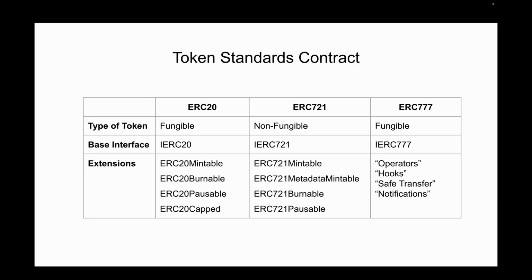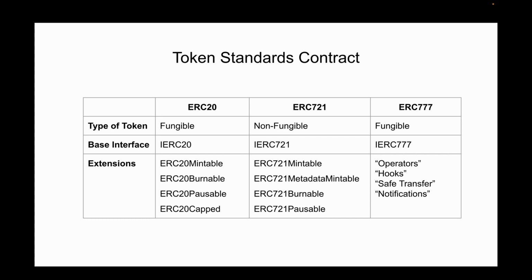ERC 777 is a token standard that is an extension of the ERC20 token standard. It is designed to improve upon the functionality of ERC20 tokens and provide more flexibility and control for token holders. Some of the key features of ERC 777 include operators, which allow for the transfer of tokens on behalf of the token holder.